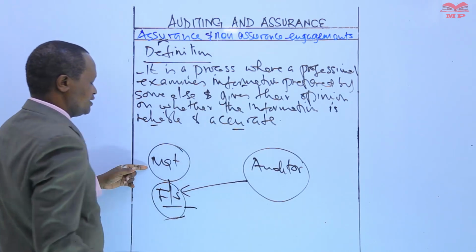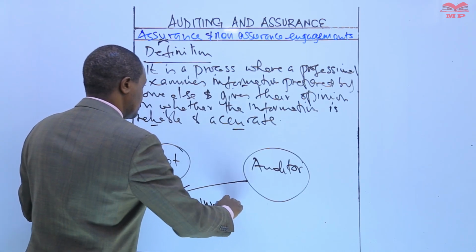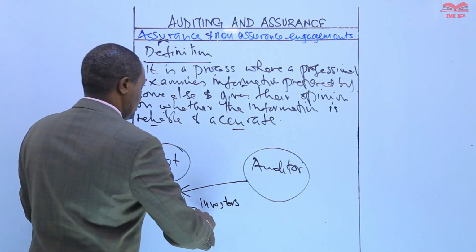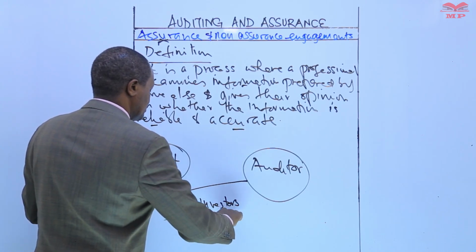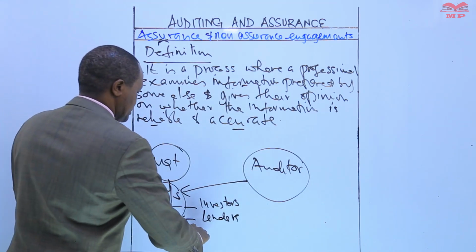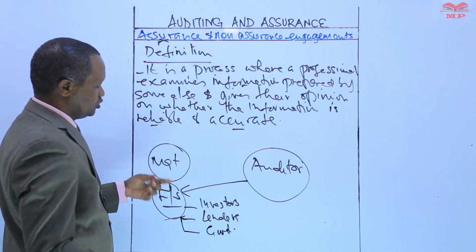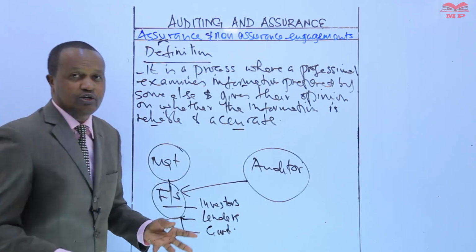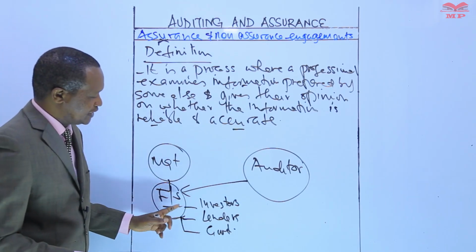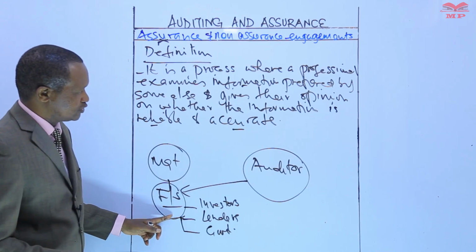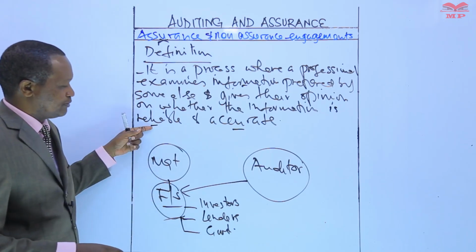These financial statements are to be used by investors, financial institutions or lenders, the government. There are many stakeholders who may want to use these financial statements to make their own decisions. And they can only rely on this information because the auditor gives his opinion as to whether this financial information is reliable.